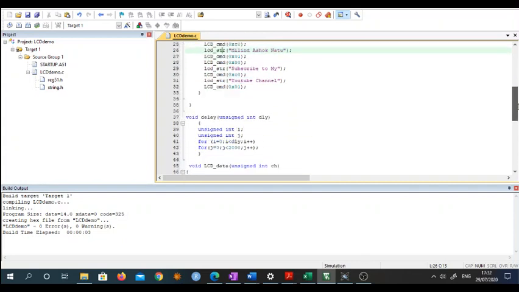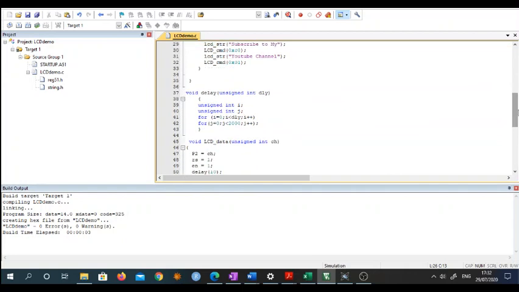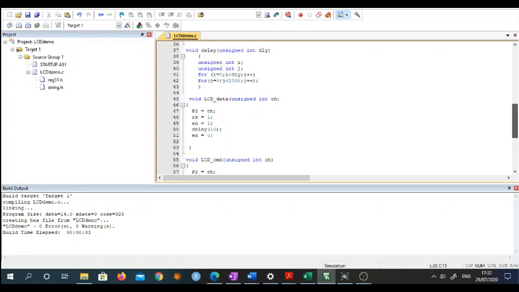Okay, now let us come back to these routines. So delay I have already explained to you. By making use of two variables, I have written a small delay here, making use of these small for loops. Then LCD data: here I am passing some characters, meaning some numbers like 0x38, 0x80, 0xc0, 0x0e, such commands.